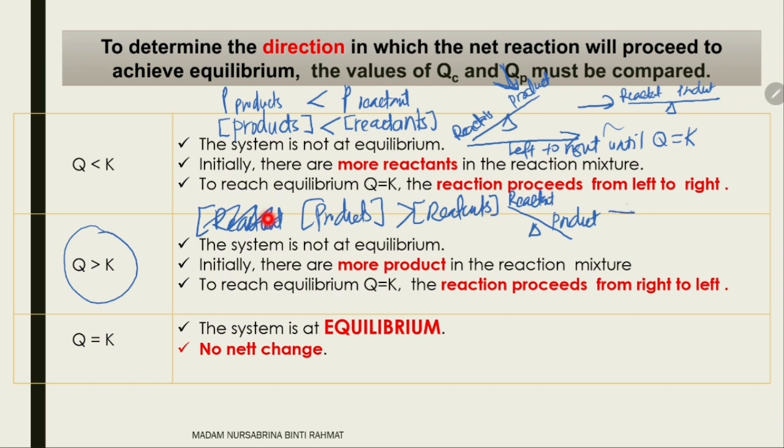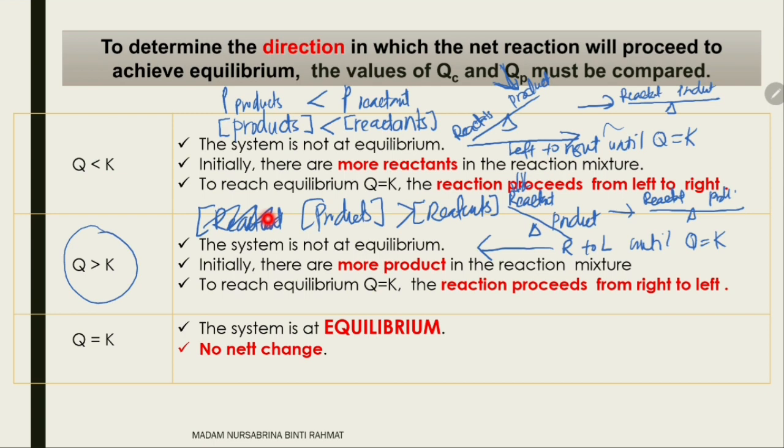To establish an equilibrium, both sides need to be similar in weight, so we're going to add more reactants. The direction of the reaction will proceed from right to left, R for right and L for left, until Q equals K.